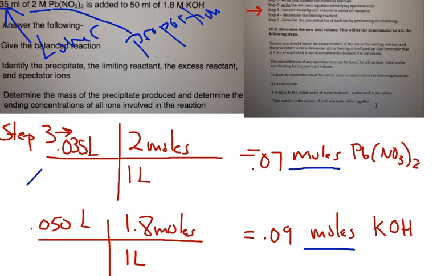You always start the picket fence with your loner and then you put the proportion next. All right, the reason why I even convert these to moles is so I can determine what the limiting reactant is. So that's going to be step 4.